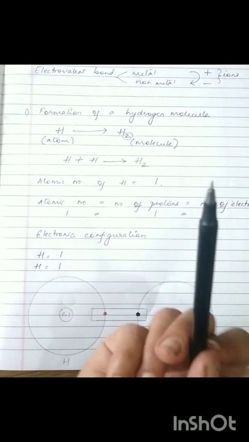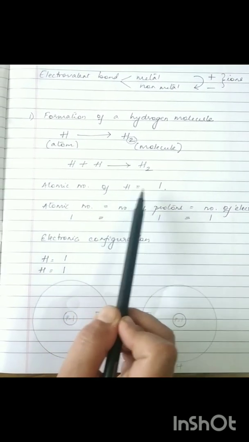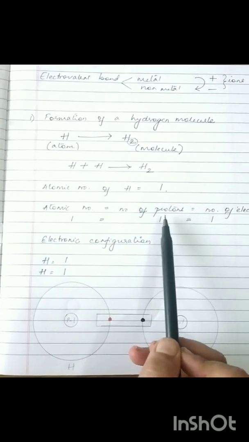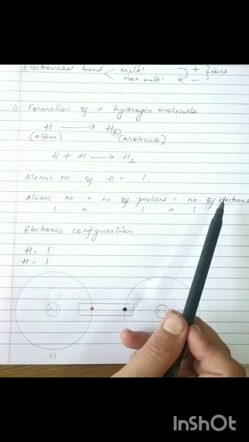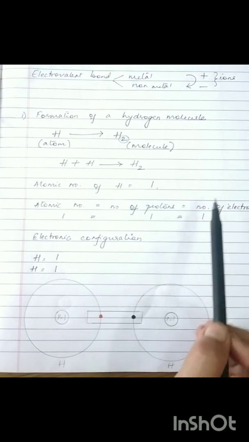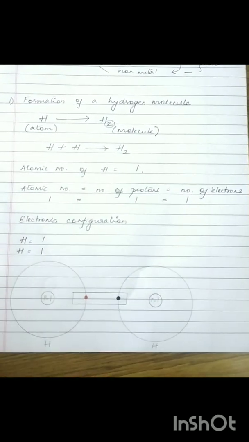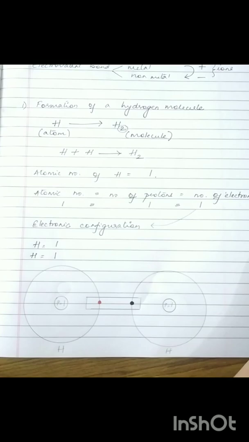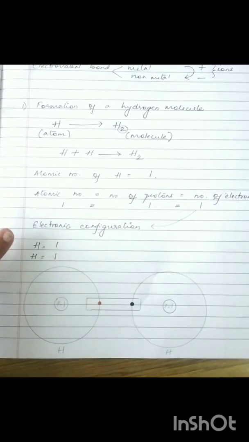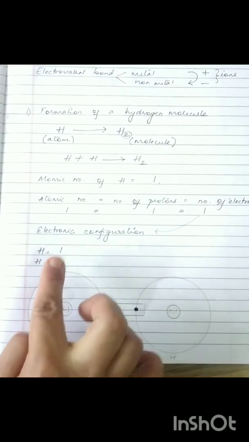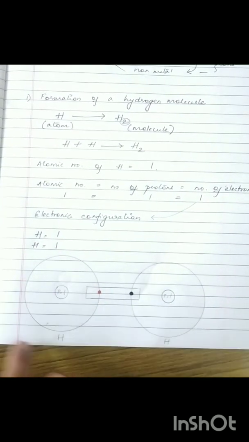Periodic table number 1, hydrogen. So the atomic number of hydrogen is 1. Atomic number equals number of protons, which is equal to number of electrons. So if atomic number is 1, number of protons is also 1, number of electrons is also 1. Using this electron, we write the electronic configuration. So since only 1 electron, H equals first orbit, 1 electron each.